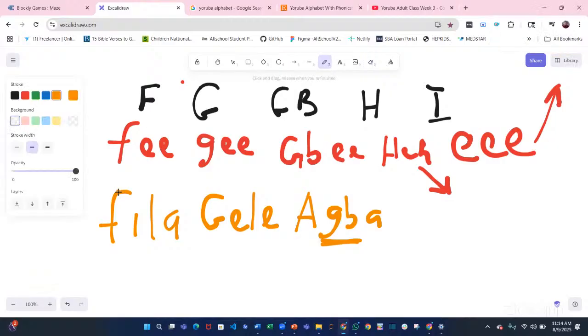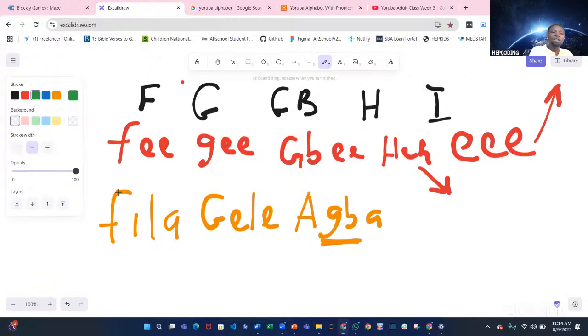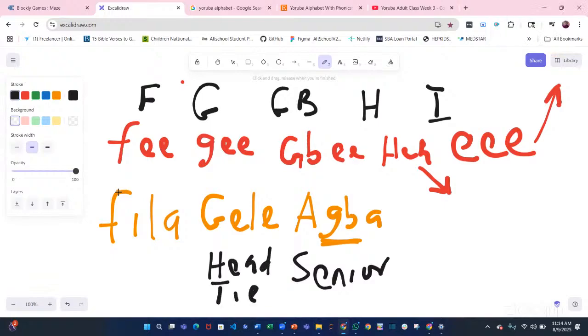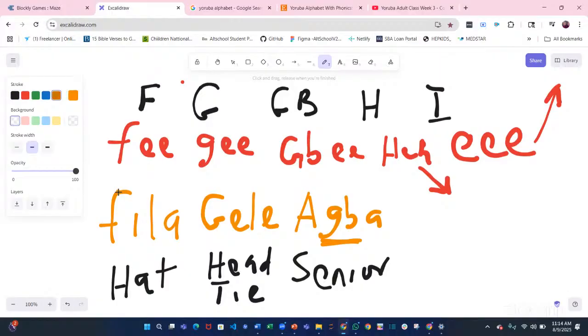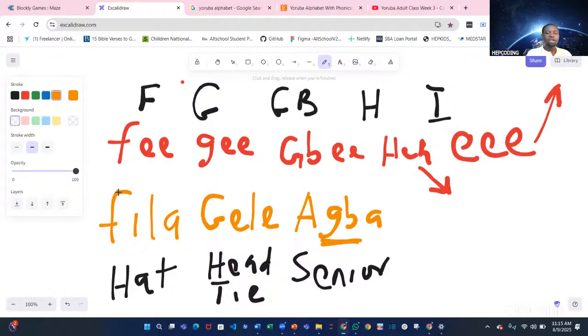Let me see. This is senior, and this is gele. The gele is head tie. Fila is hat. Okay. So let's look at E. If I'm trying to find a word that starts with E, I can't figure one out in my head right now.